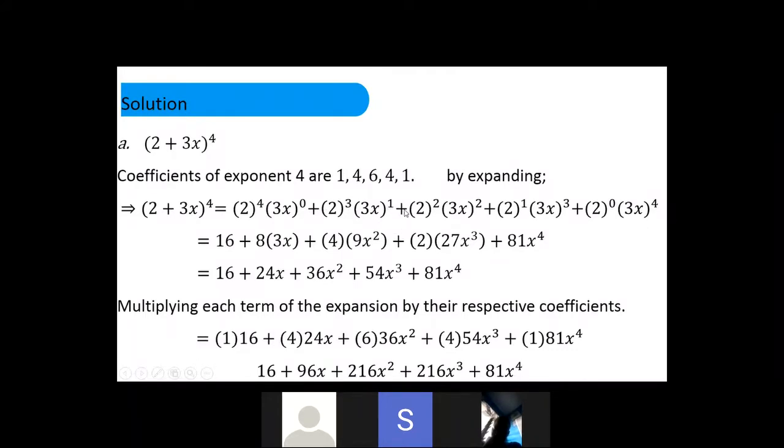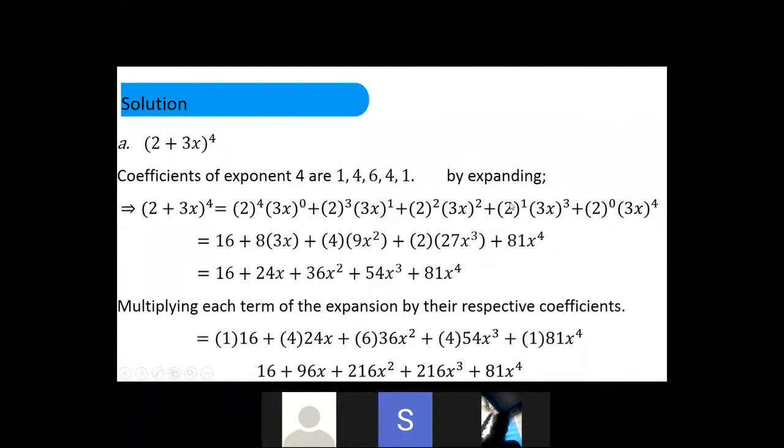Then we are going to get the third term to be 2^2. The first term in the binomial has decreased again by 1, so 3 minus 1 is equal to 2, times (3x)^2. The 3x here also has increased from exponent 1 to exponent 2.